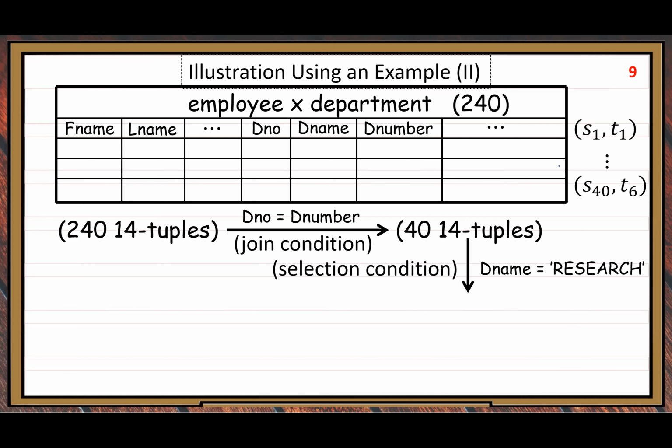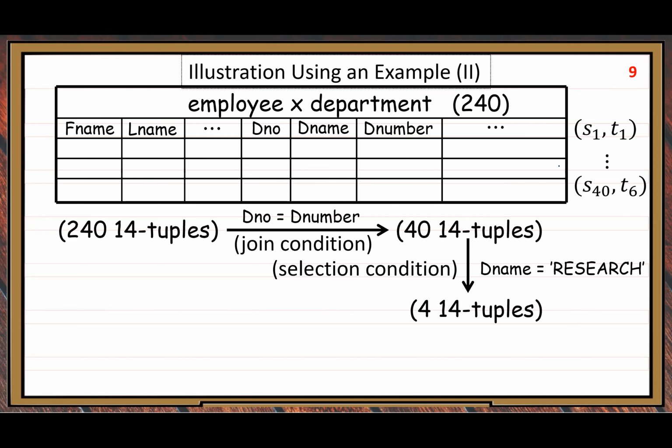That's the selection condition. After we do the screening and filter by applying this condition, we have 4 tuples, because we only find 4 tuples that satisfy this condition.